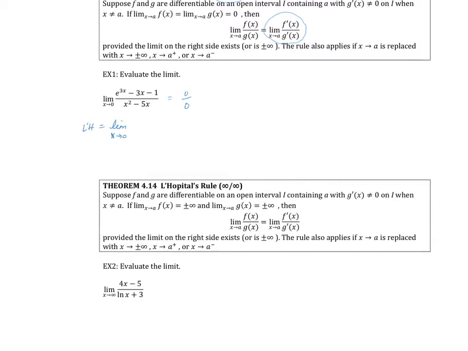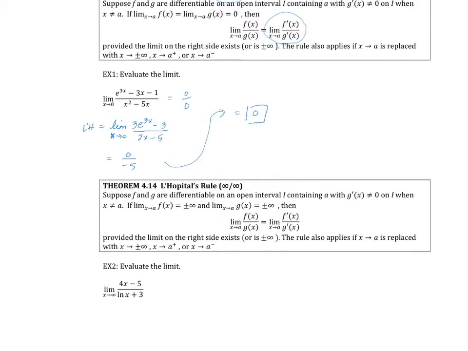So the derivative of e to the 3x is just 3 e to the 3x minus 3. And in the denominator, I get 2x minus 5. So notice when I reevaluate this limit, it's going to be 0 over negative 5. And that is 0.